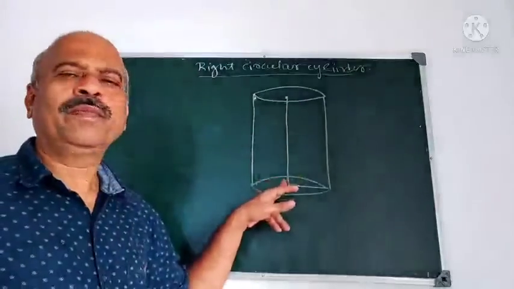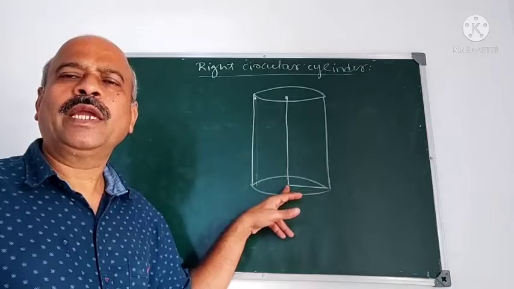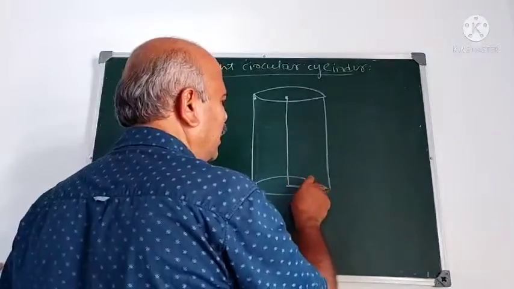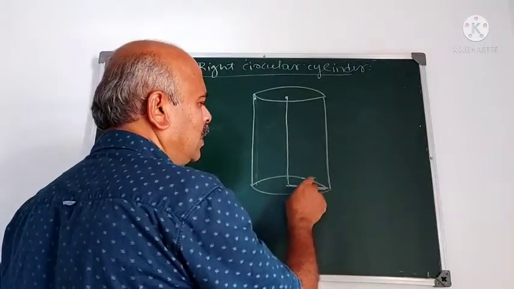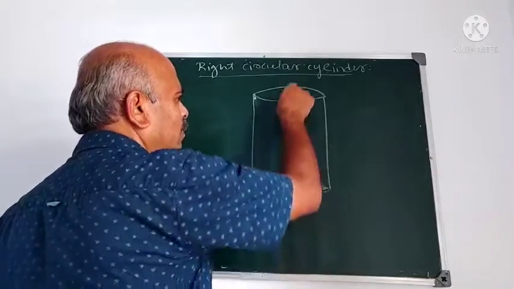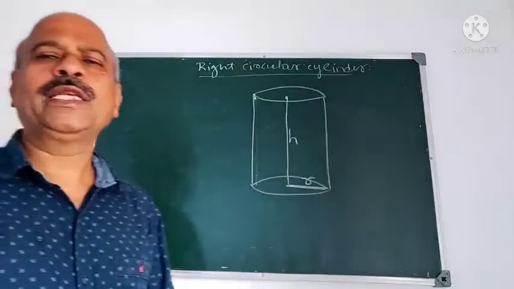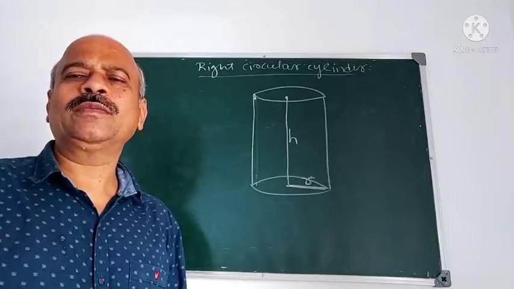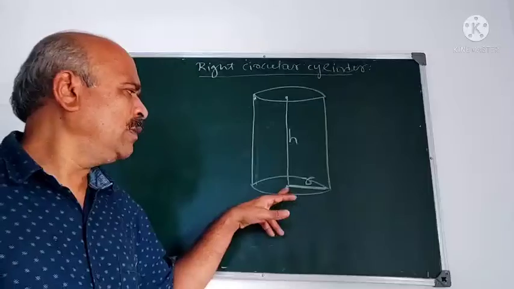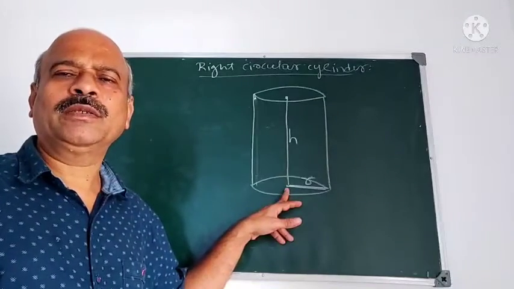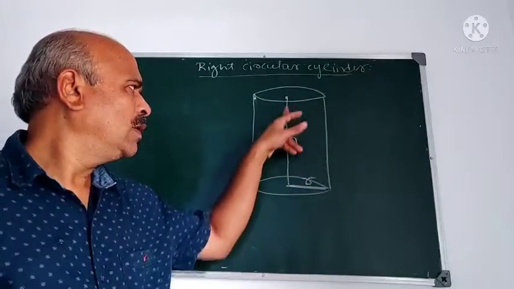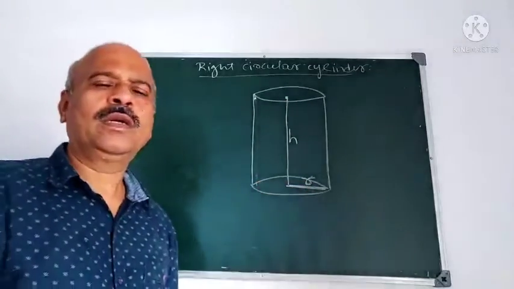That is called the axis of the right circular cylinder, and this is called the radius, the radius of the base of the right circular cylinder, and this is called the height. The base is circular in case of a right circular cylinder. This is called the axis and this is called the radius.